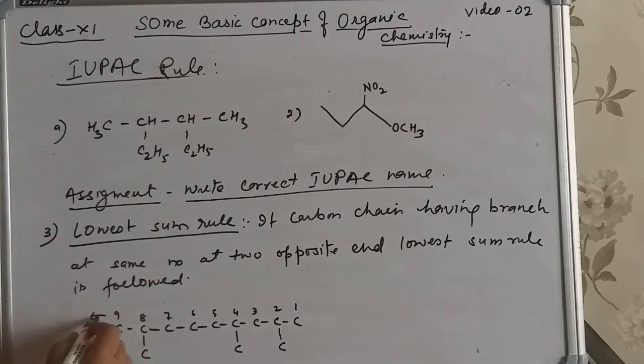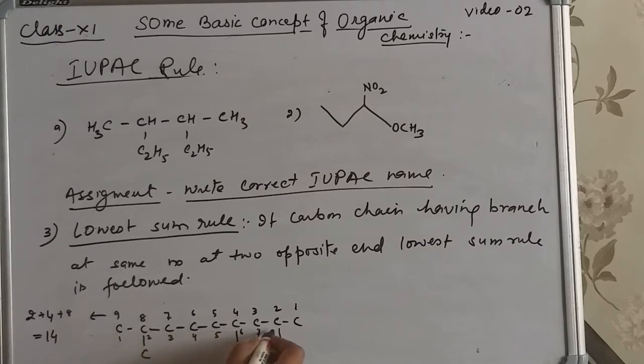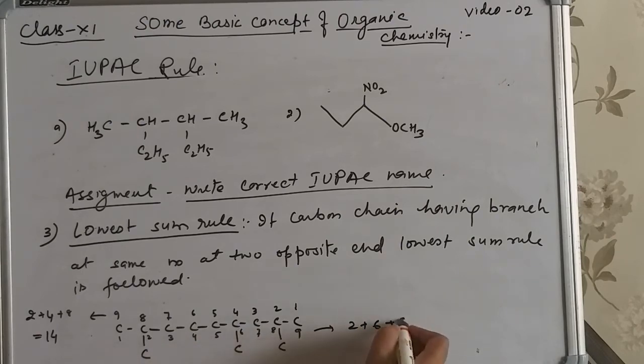So in this way we get position 2, position 4 and position 8. So it comes to 14. And if we count from this side: 1, 2, 3, 4, 5, 6, 7, 8 and 9, we get position 2 plus position 6 plus position 8. So it comes to 16.